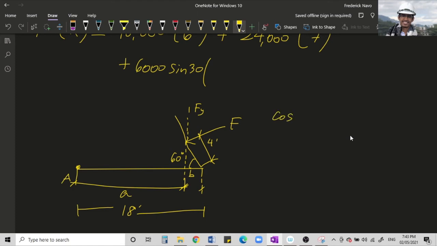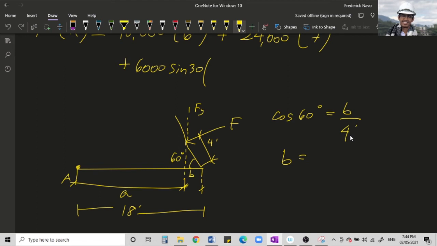So, cosine 60 degrees is equal to adjacent over hypotenuse, that is B over 4 feet. So, B will be equal to 4 cosine 60 degrees. Tama? So, 4 cosine 60, 2 feet.